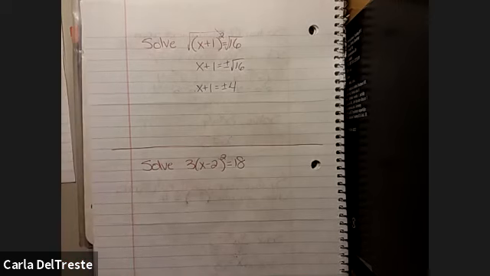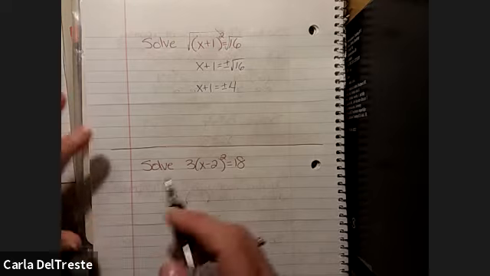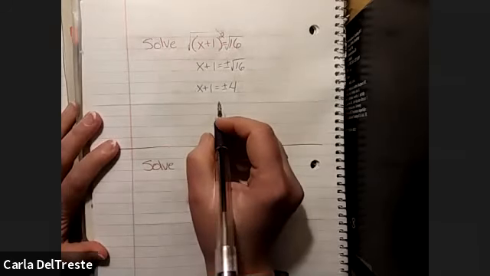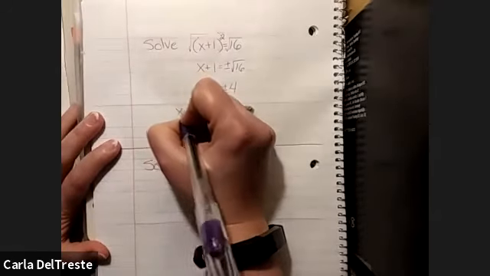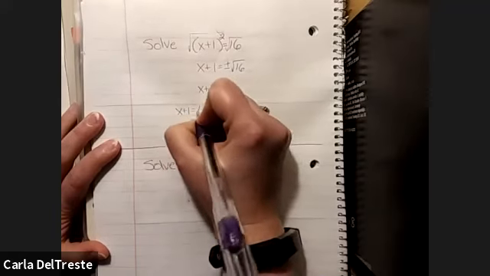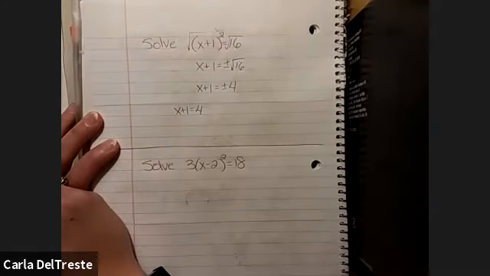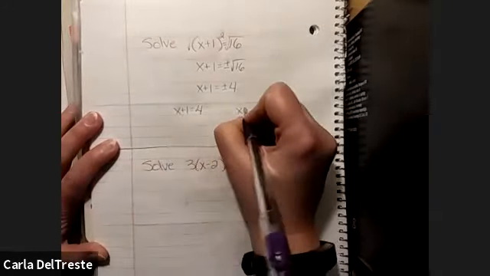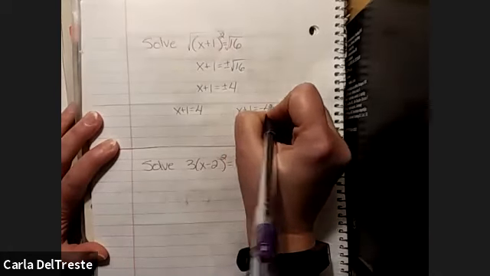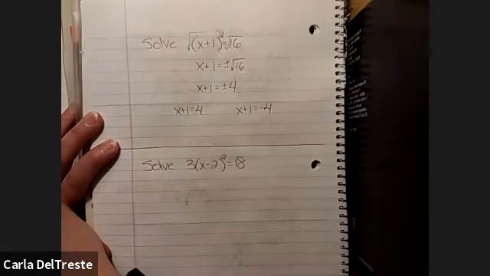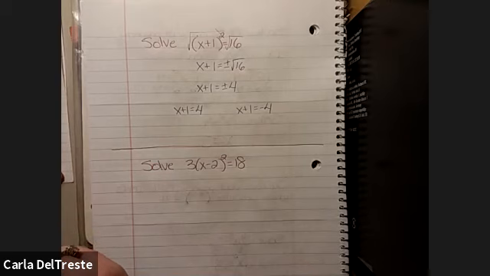But now this results in 2 different equations that I have to solve. Either x + 1 equals positive 4, or x + 1 equals negative 4. And I'm going to have to solve both of those mini equations.